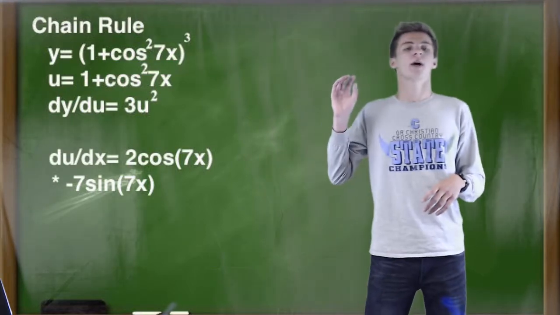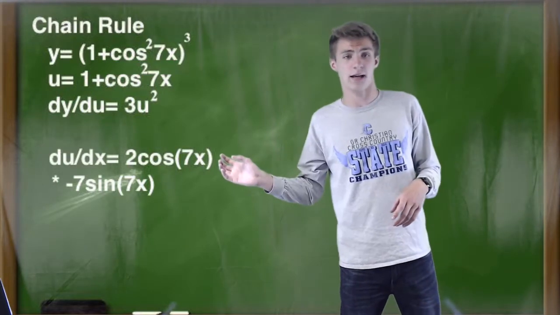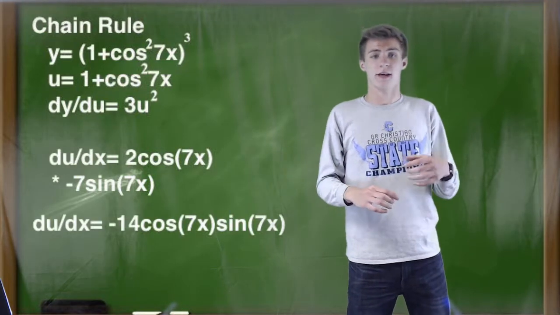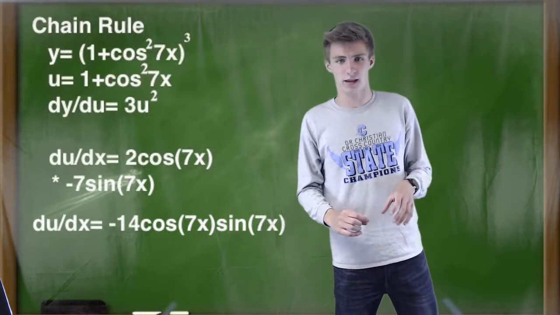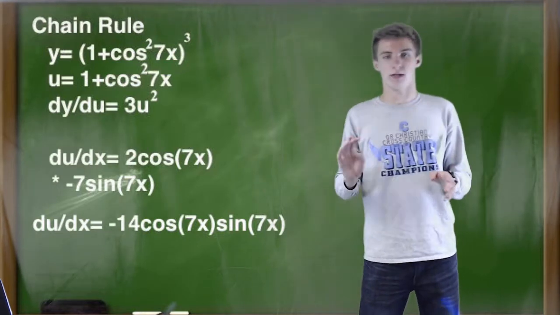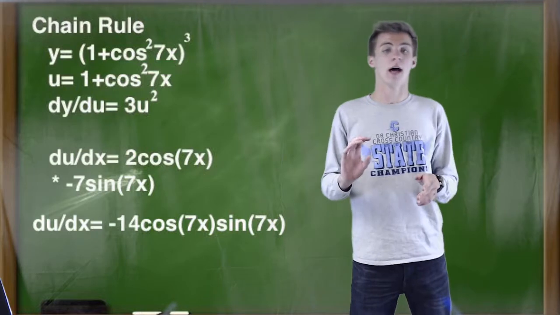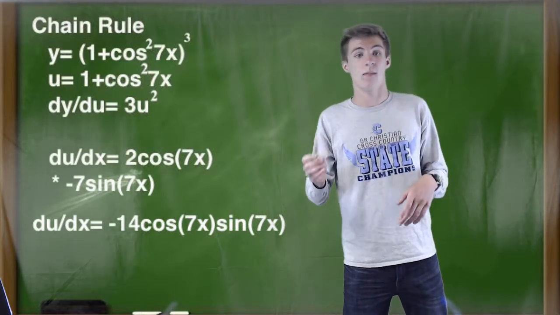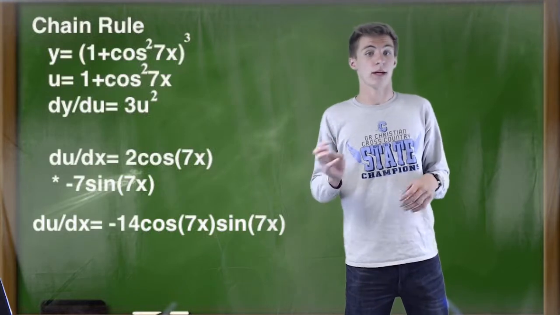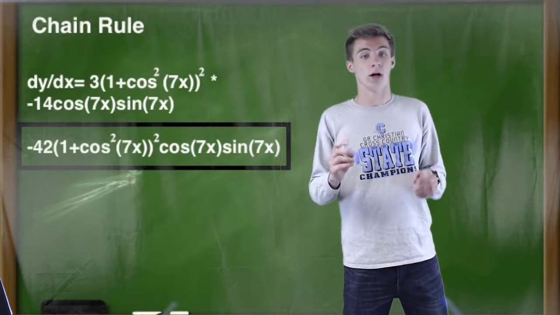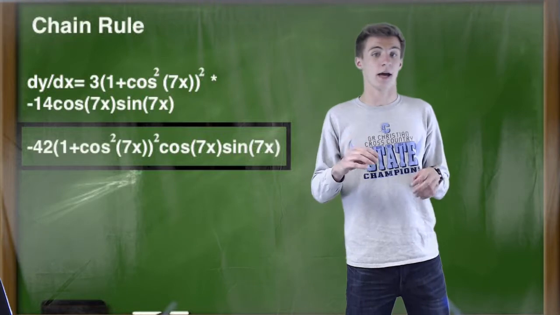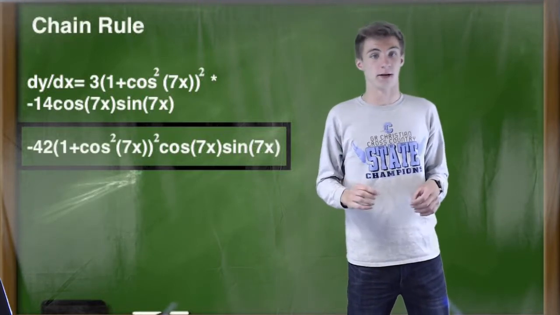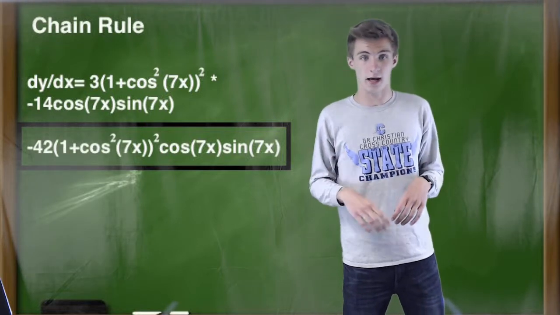Now we're going to pull the 2 cosine 7x back down, and once we multiply it, we get negative 14 cosine of 7x times sine of 7x. Now remember, this is just our du/dx. Now we get a dy/dx by multiplying our du/dx by dy/du. And we get 3 times the quantity (1 + cosine squared of 7x) squared times negative 14 cosine of 7x times sine of 7x.